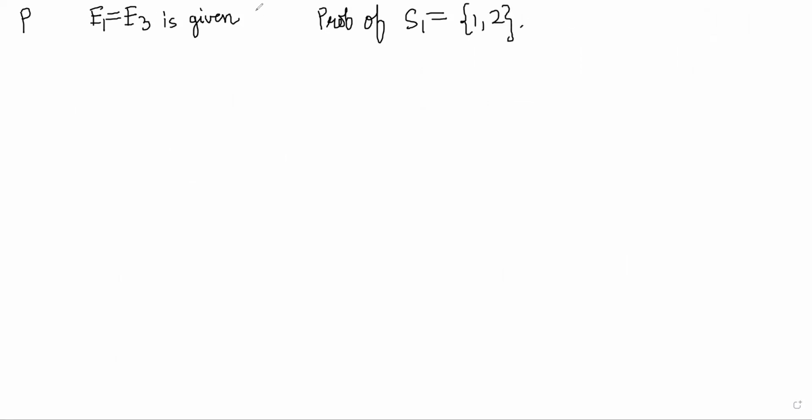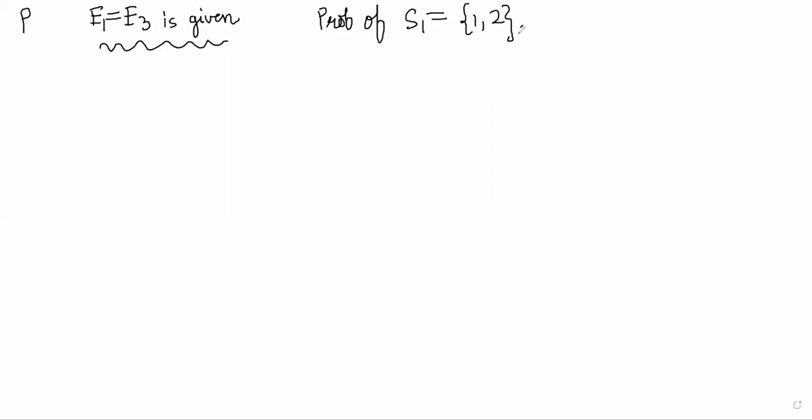P, which is the conditional probability of S1 being {1, 2}, given that E1 equal to E3. That is my P, right? So this part is already given. So I should not draw the symbol here. I should say probability of this given this, right?